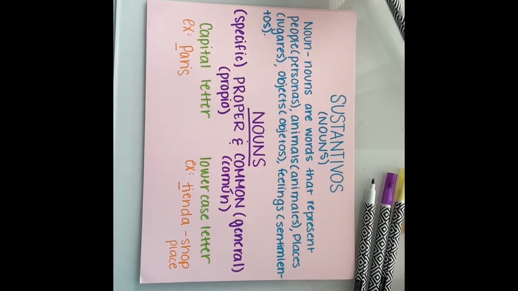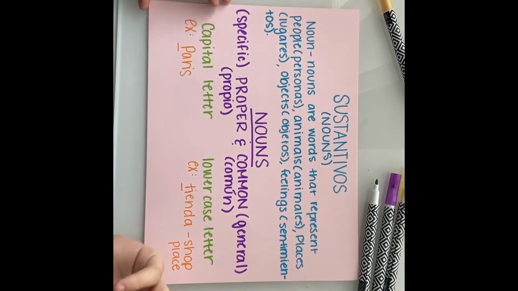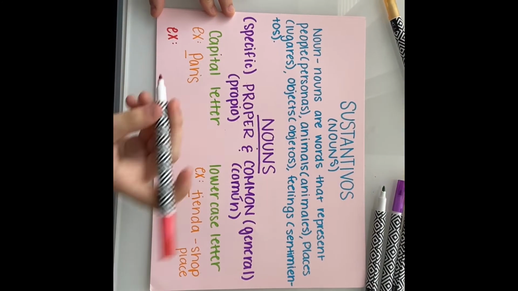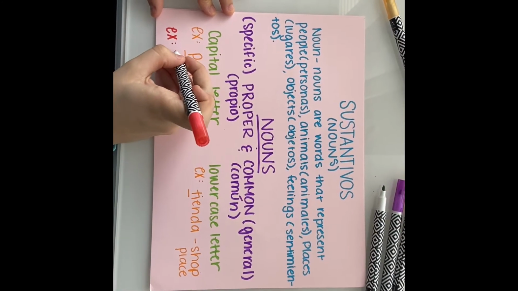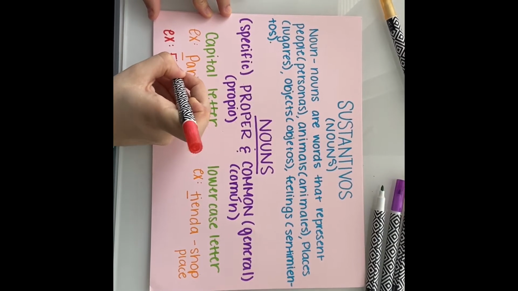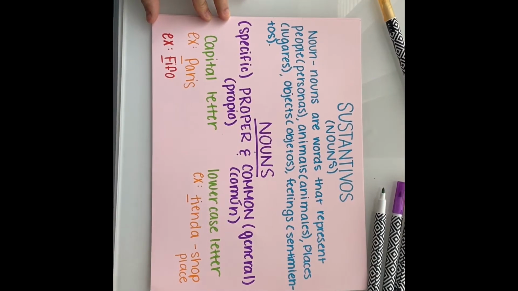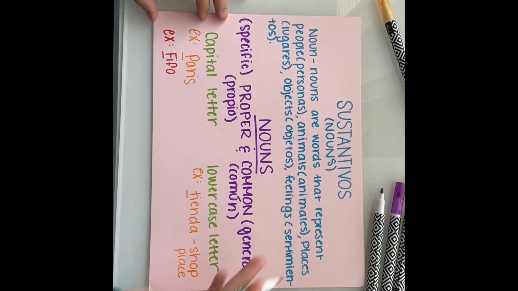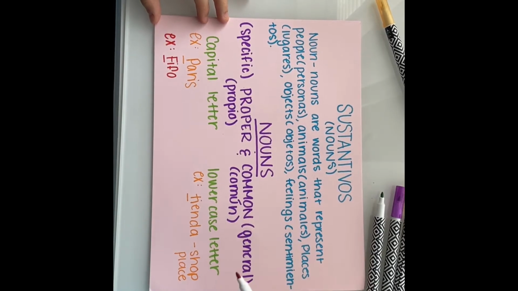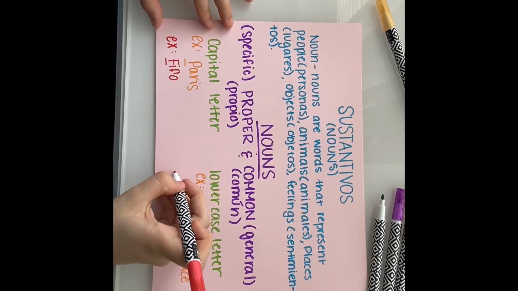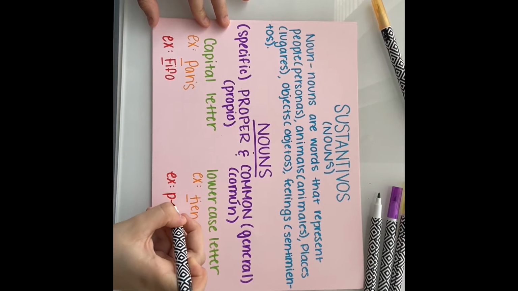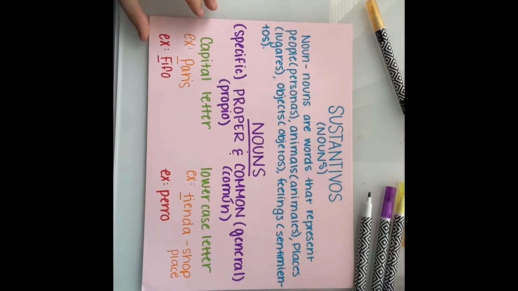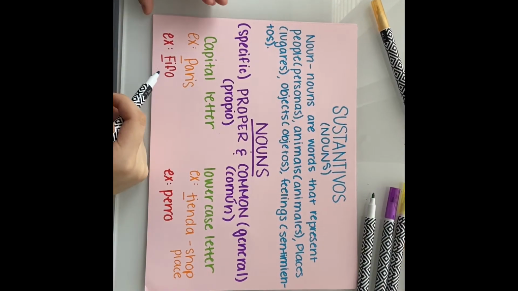Another example, like for animals, it's the name of your dog or cat, it could be FIFO. It starts with a capital letter F. And in general, in sustantivos comunes or common nouns, it would be perro. That's just an example for animal.